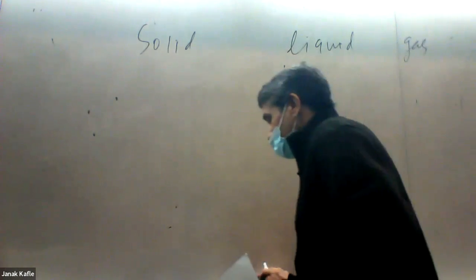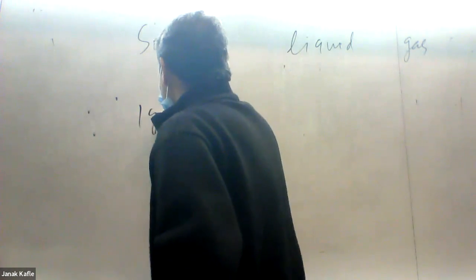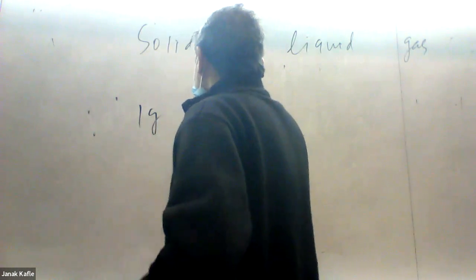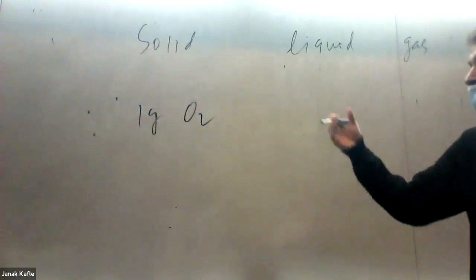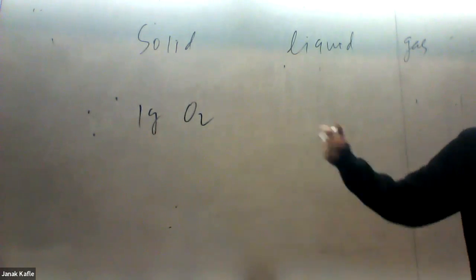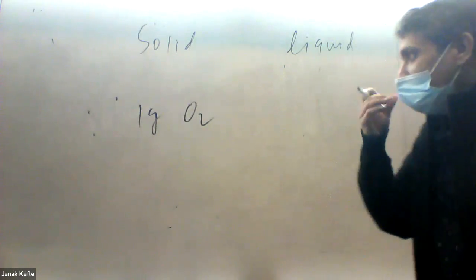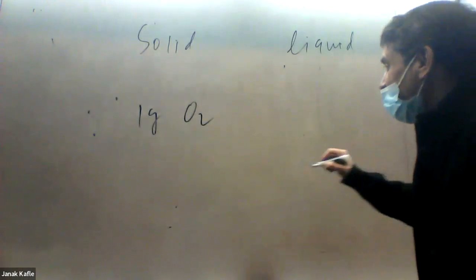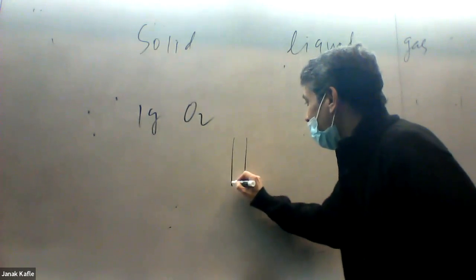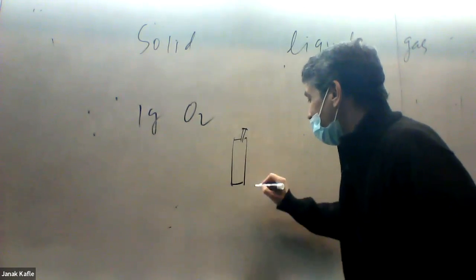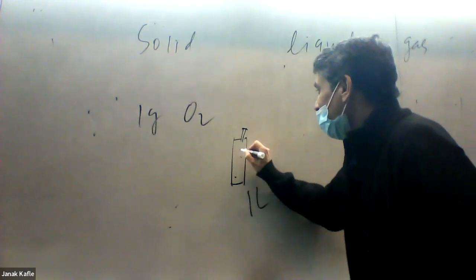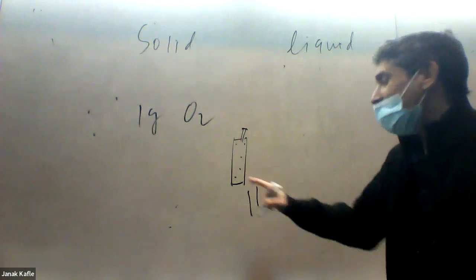So let's say you have 1 gram oxygen. Oxygen is used in the hospital for the patient, right? So they help in the breathing, right? If you have 1 gram oxygen and you are putting it in a small 1 liter cylinder, that 1 gram oxygen occupies 1 liter volume.